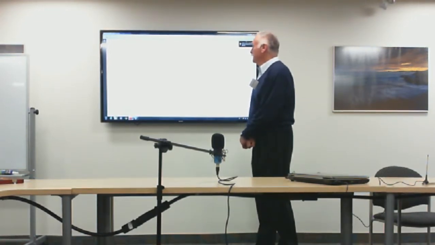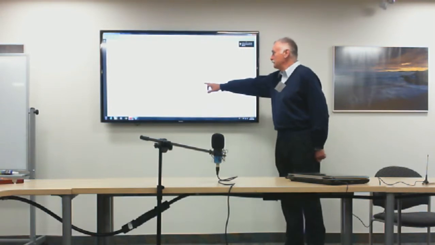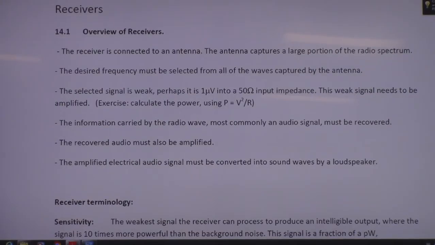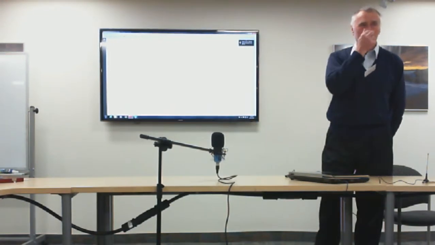The information carried by the radio wave, most commonly an audio signal, must be recovered. Now your radio would pick up at the same time sideband, AM, and CW transmissions from all over the place. But you only want your radio to decode one at a time. So you select a particular mode.